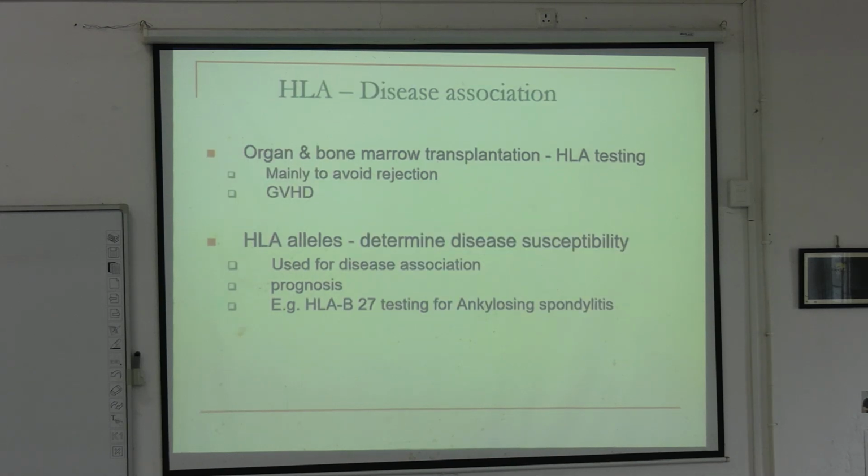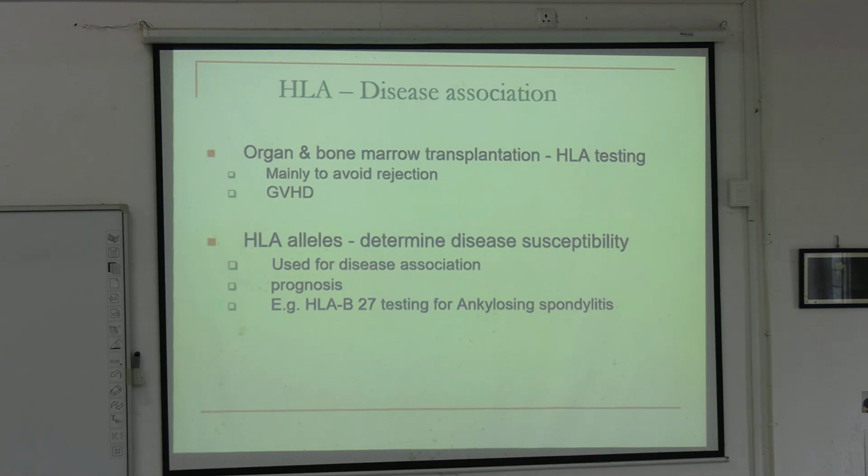Then coming to HLA and disease association. First and foremost, I told you all that HLA is very necessary especially for organ transplantation. Why do we do HLA testing in organ and bone marrow transplantation? To avoid graft versus host disease, that is GVHD, and to avoid rejection of the graft.